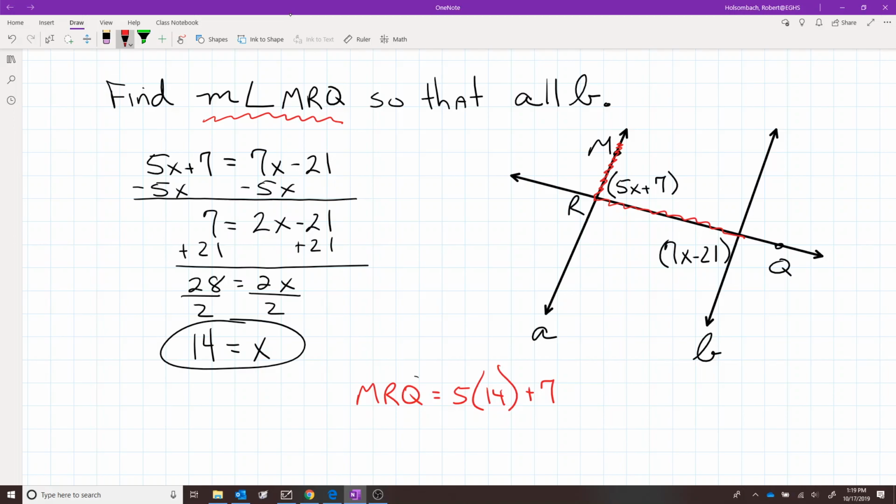And 5 times 14 is 70, and 70 plus 7 is 77 degrees. So there's your measure of angle MRQ, so that A is parallel to B.